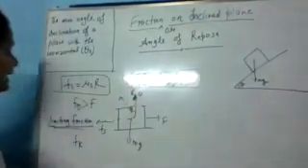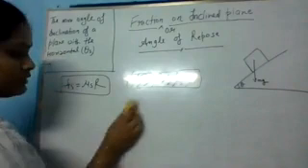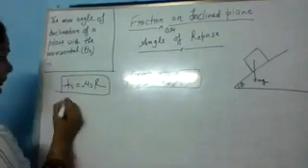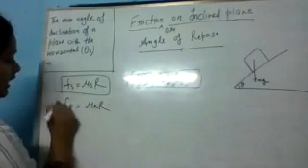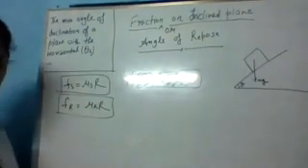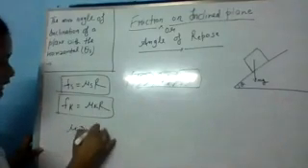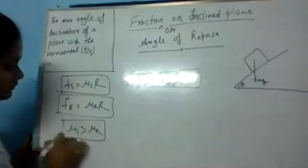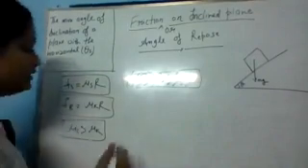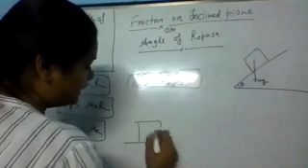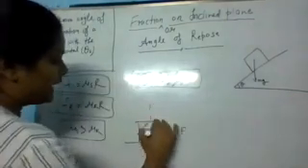And the same formula is for kinetic friction, that is Fk equals mu k R. And we know that mu s is greater than mu k, right?